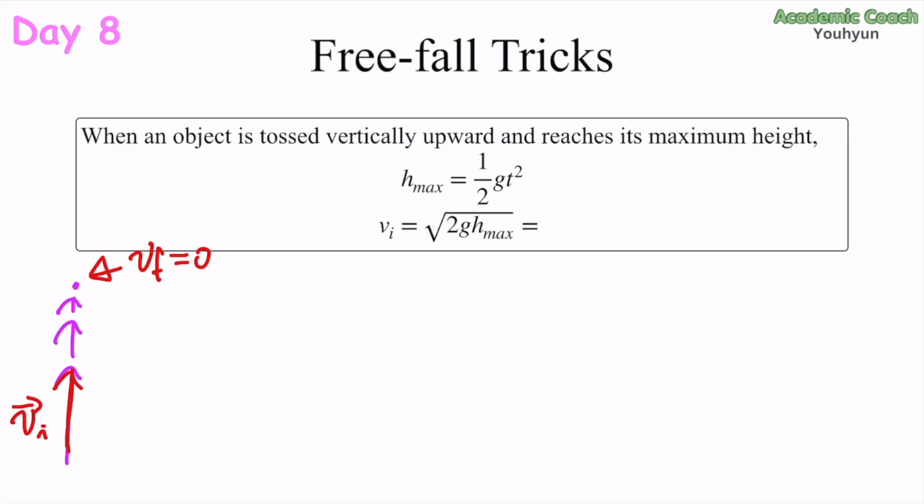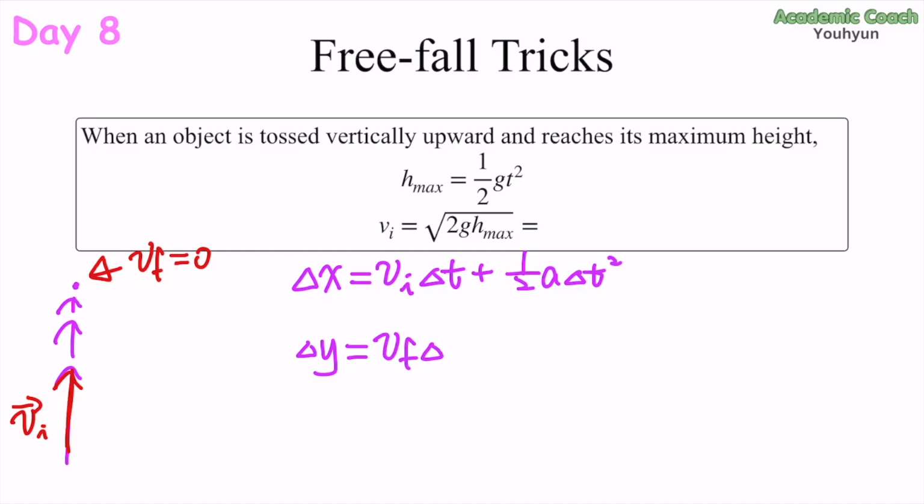We can derive that formula by using kinematics equation 2. Kinematics equation 2 states that displacement delta x is equal to v initial times time interval delta t plus 1/2 a delta t squared. Here I'm going to replace delta x with delta y because it's vertical displacement, and I'm going to use v final instead of v initial.